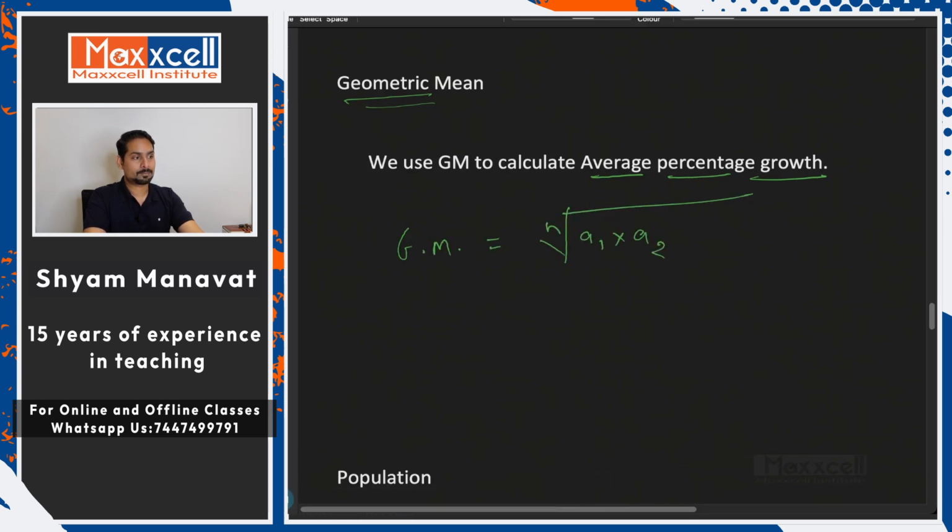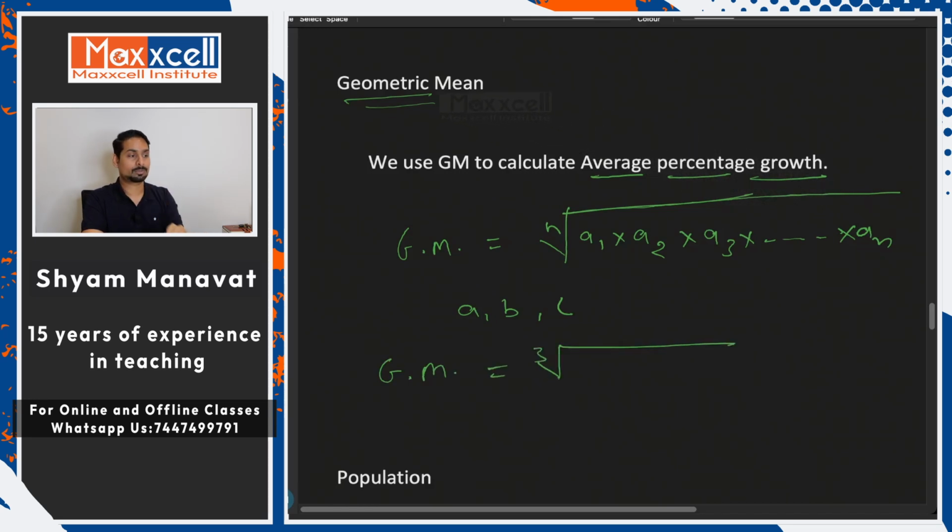Note this down: A1 into A2 into A3, multiplied n times, then the nth root. That means if there are 3 observations, let's say A, B and C, the geometric mean here will be the cube root of the 3 values, so the cube root of A into B into C.